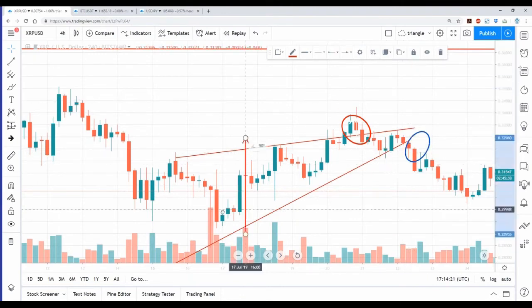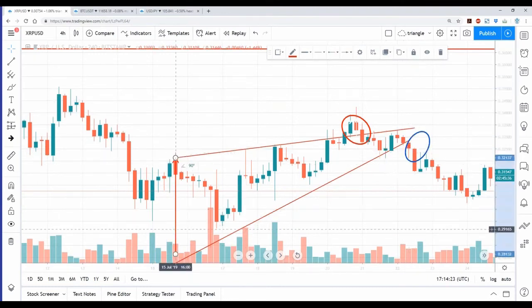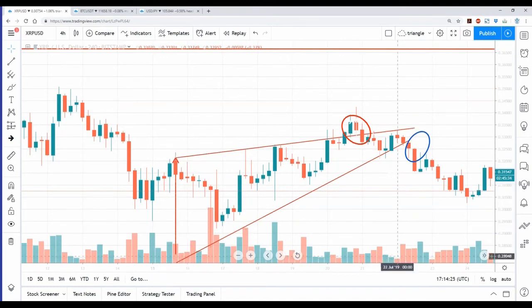And if it breaks out upward, that would be the directional move there. Because that is the width of the overall triangle formation. But that's only an estimate for where we would expect the momentum to carry it once we get a breakout.